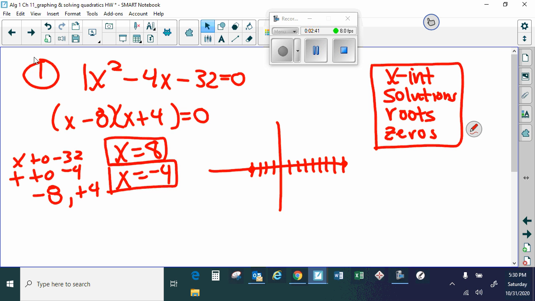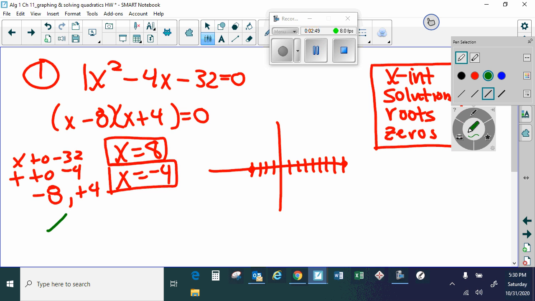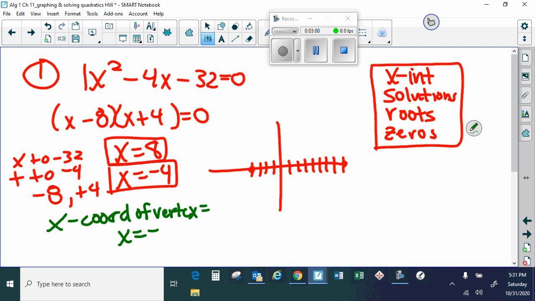It crosses there. Now, to find the x-coordinate, let's change the color. The x-coordinate of the vertex is always x equals negative b over 2a.